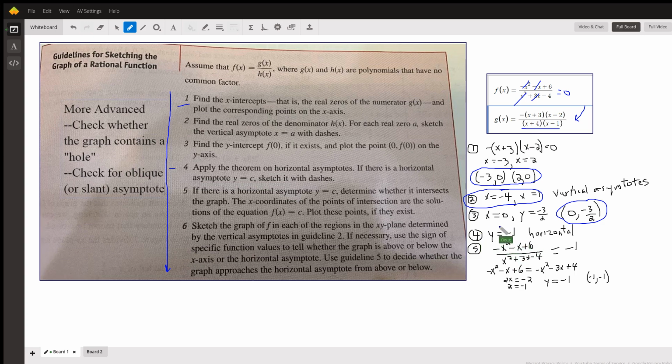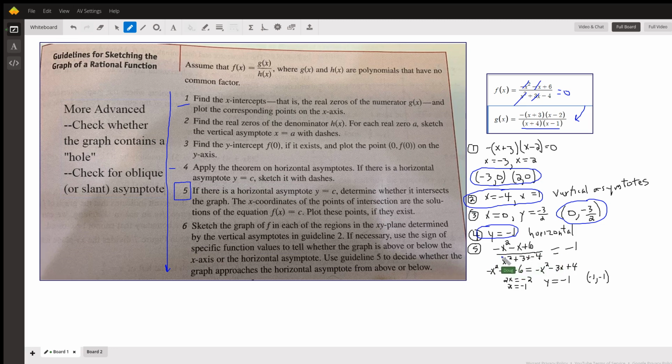y equals negative 1. And here's something that's not often addressed in some of the textbooks. You want to determine, does the function ever cross its horizontal asymptote? So that means, does this function right here ever equal negative 1?